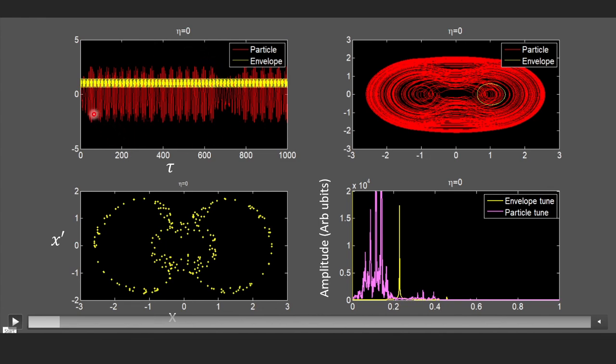The evolution of the particles, small x over R naught, is plotted in red. So that was the first thing we mentioned, that we can study the evolution of particle and envelope along the propagation axis from those solutions.